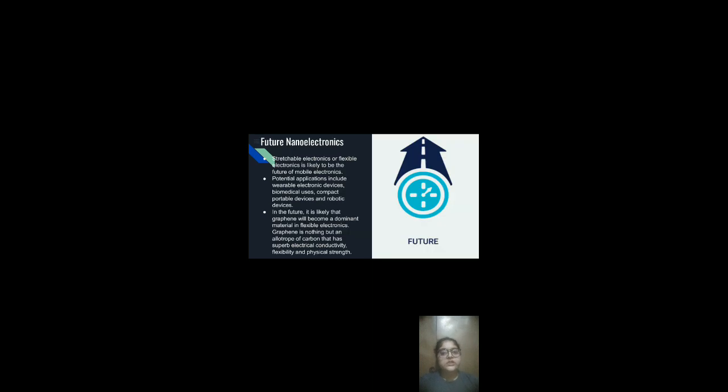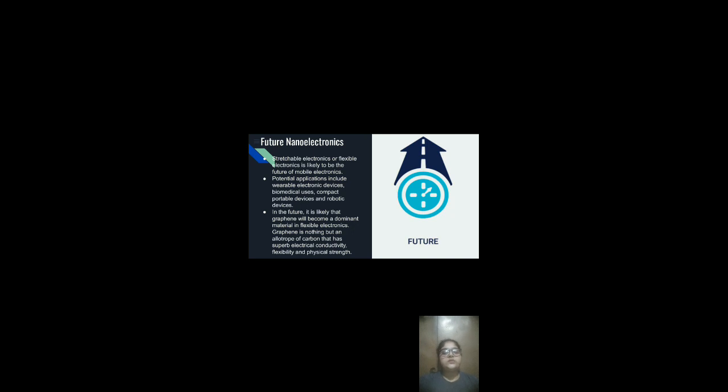Then future nanoelectronics means, what is the future of nanoelectronics? Okay, first is stretchable electronics or flexible electronics is likely to be the future of mobile electronics. Second one is potential applications include wearable electronic devices, biomedical uses, compact portable devices, and robotic devices.